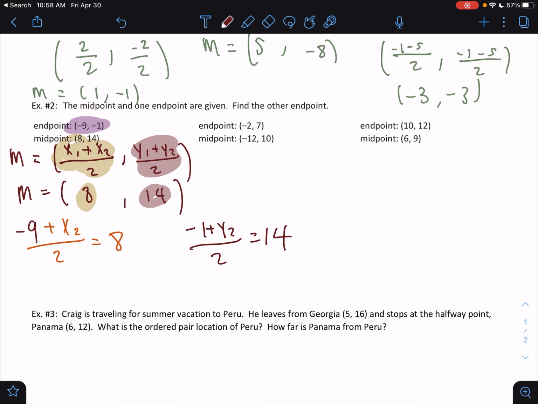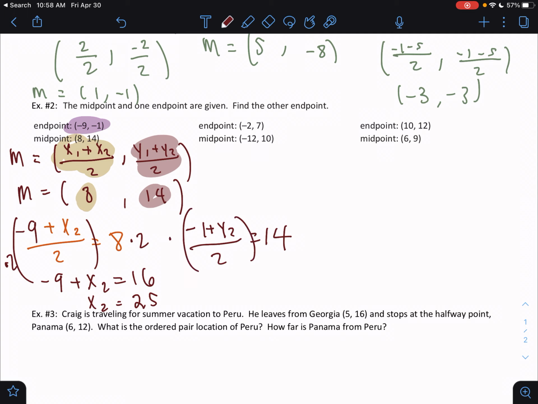Now we just need to solve. So we can take times 2 on both sides to get rid of that 2 on the bottom. We'll have -9 plus x2 equals 16. Add 9 to both sides, and so my x2 is 25.